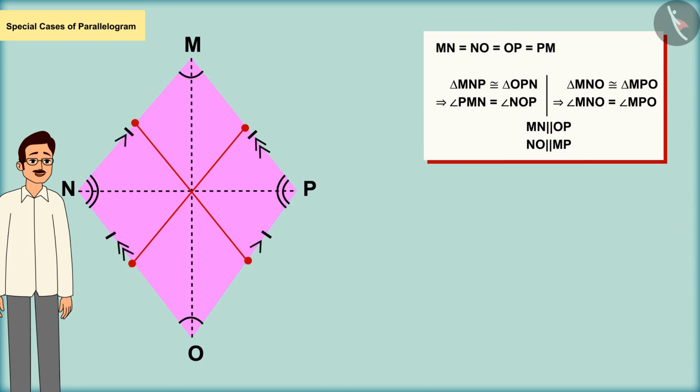This means the opposite sides of this shape are of equal measure and parallel to each other, and we have just seen that its opposite angles are of equal measure, which makes this shape a rhombus.